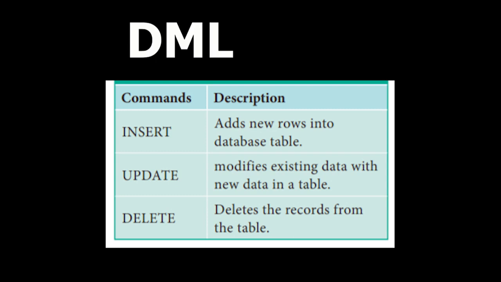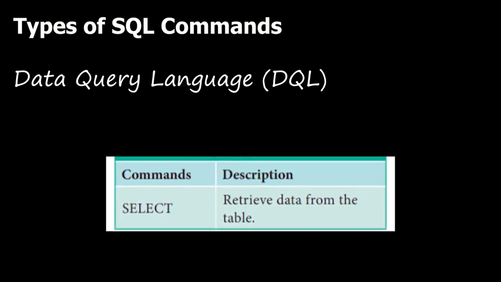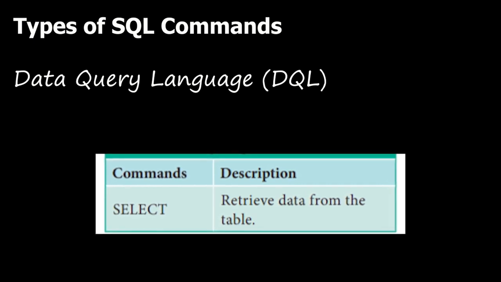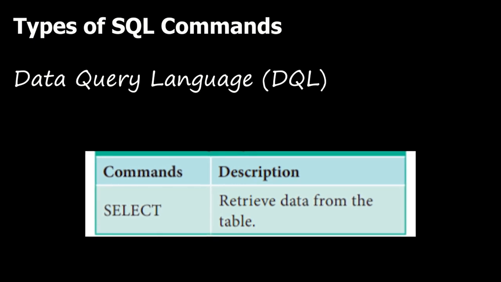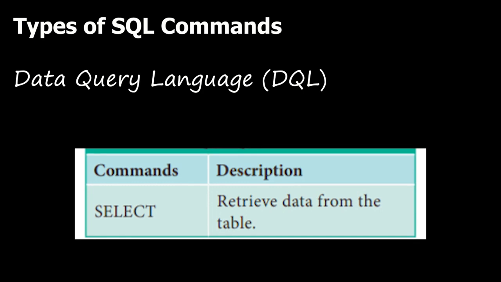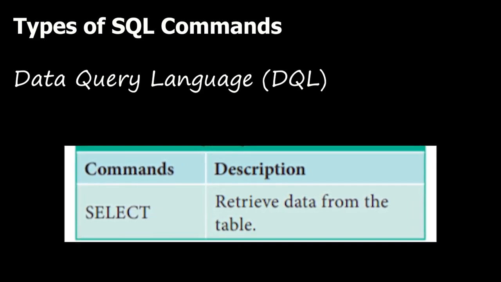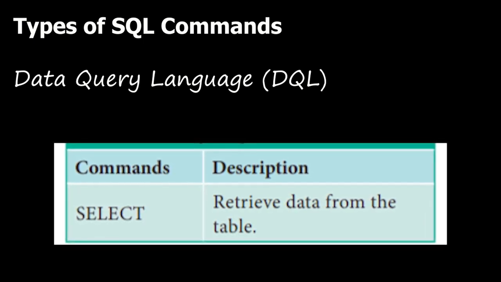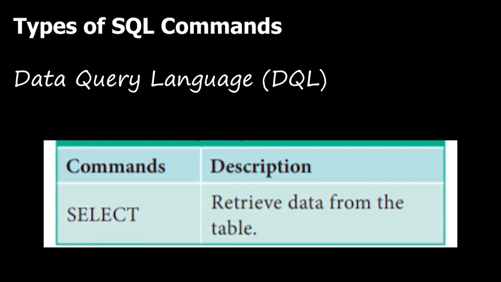And the next one is DQL. DQL is data query language. This is used to get data from a database. Understood? This is used to select particular data from a whole database. Sometimes in a database we'll have 10 or 15 columns, and a specific column or a specific thing we can select from the table or database.